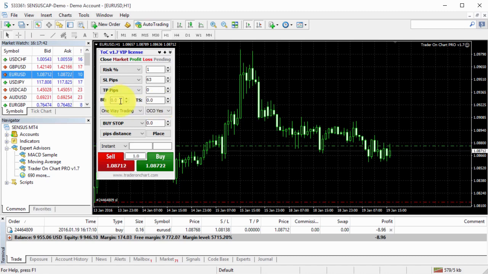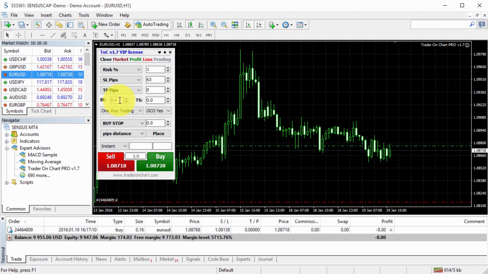But I will mention that break even works in a way that if your broker charges commissions, then Trader On Chart automatically calculates the size of commissions for your trade and the swap costs for your trade, and it will add a break-even point slightly above the open price.